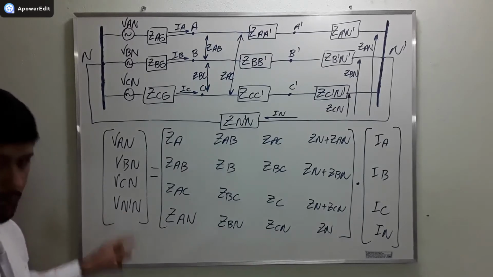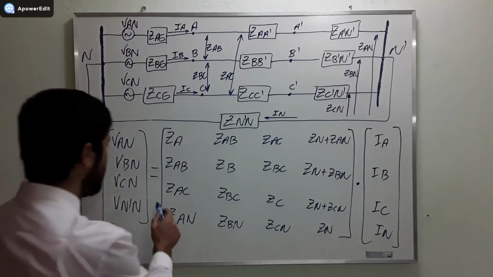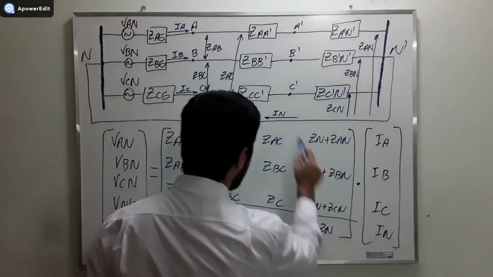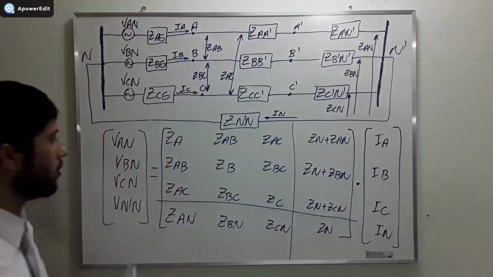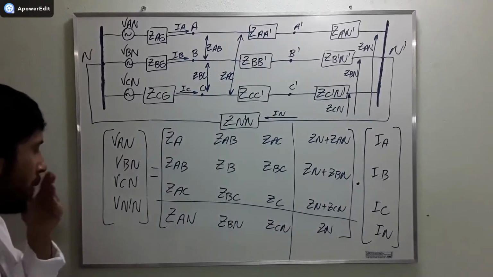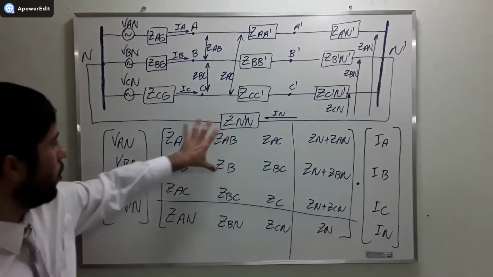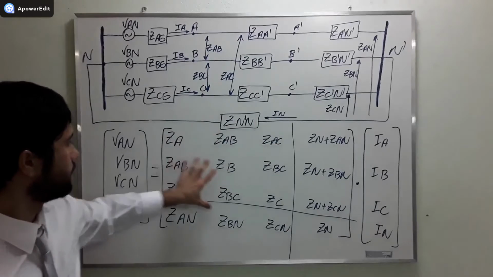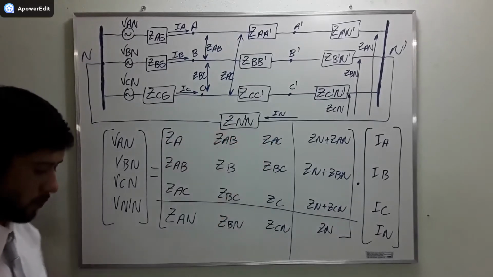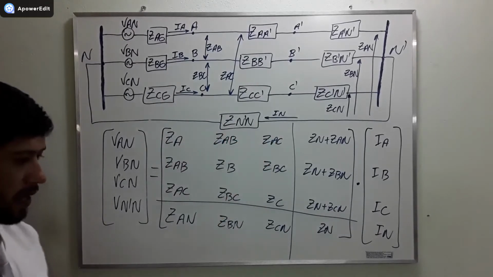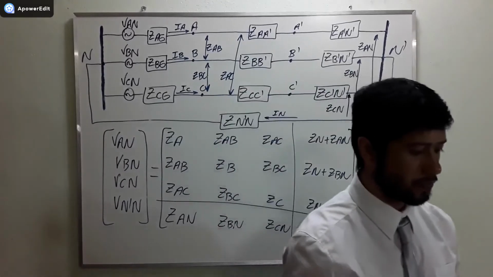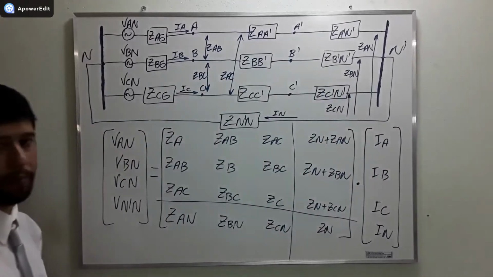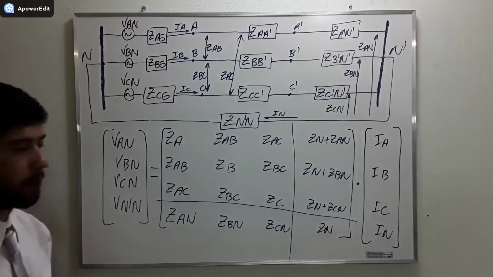How do we do that? We apply Kron's reduction. Okay? We apply Kron's reduction. And what we want is to have only this part here. How do we apply Kron's reduction? I'm going to teach you.